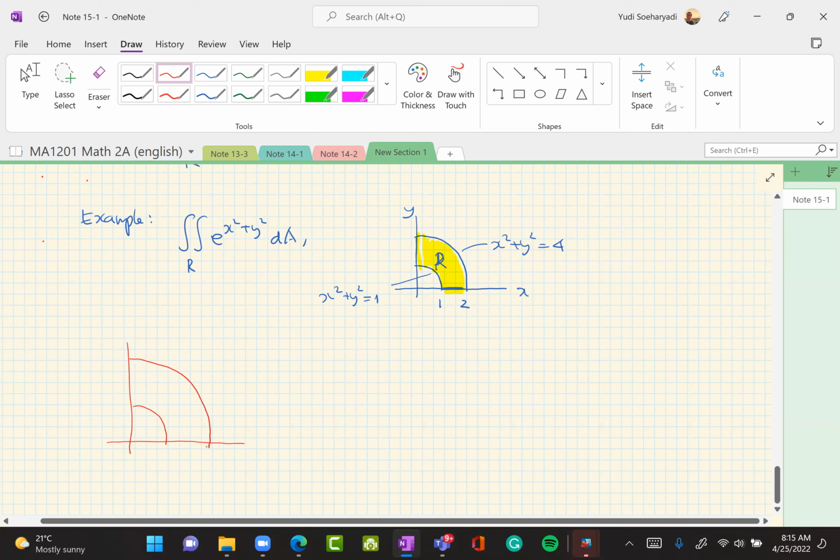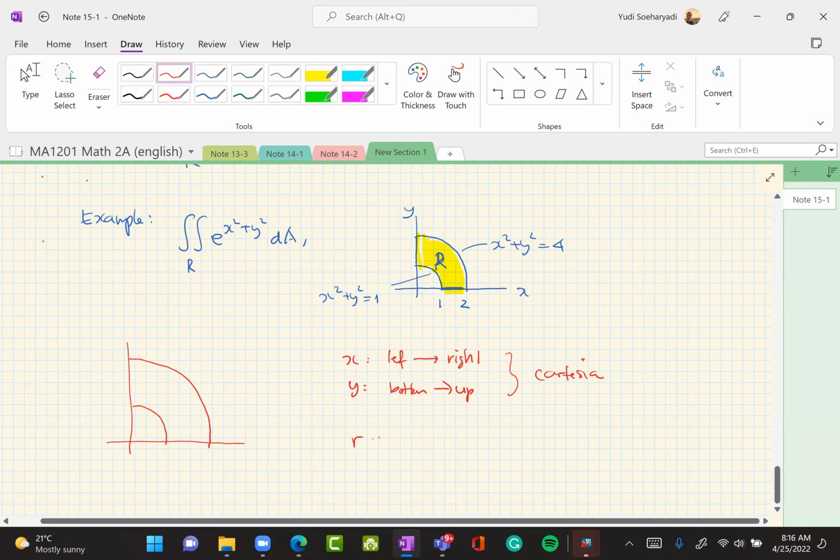In Cartesian, x is going from left to right, and y is going from bottom up, from below to above. What about in polar?